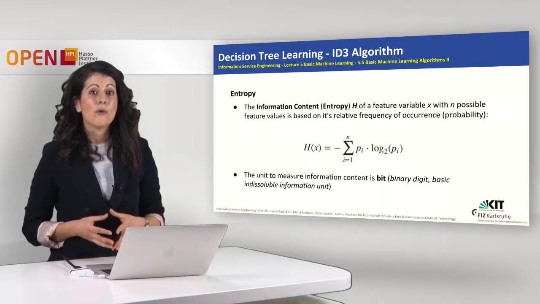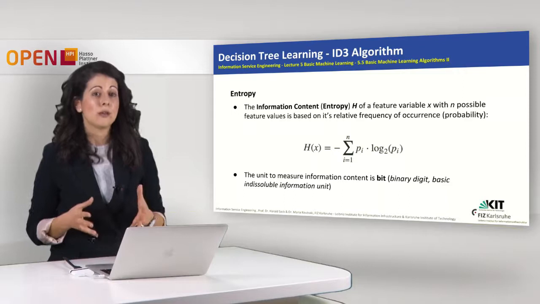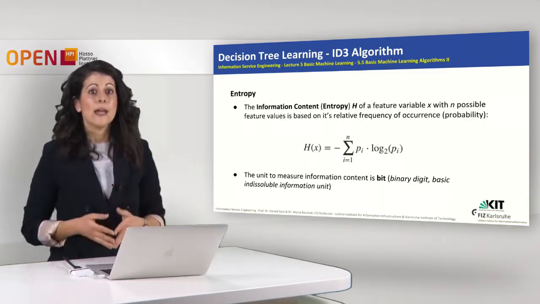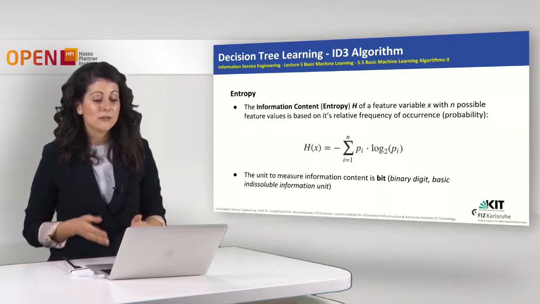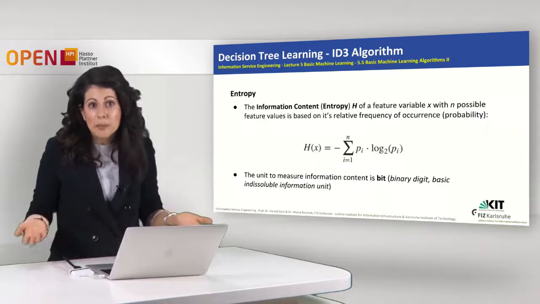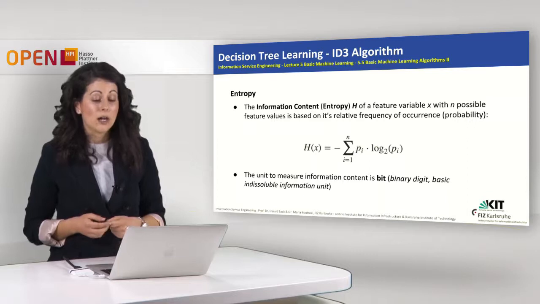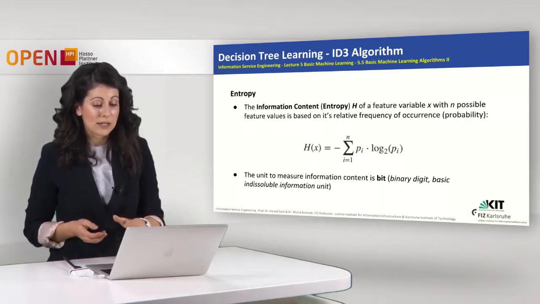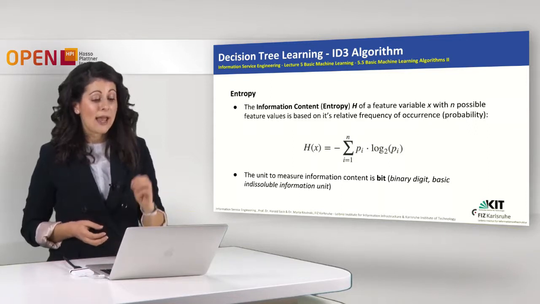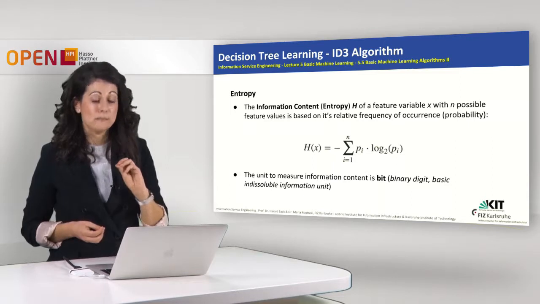So entropy of a feature variable x with n possible feature values, here in this example we have 2 feature values, true and false, is based on its relative frequency of occurrence, which is nothing more than the probability of this event, and is given by the following formula that you see. It's really simple, this formula. We just have to measure the probability, and the unit to measure the information content here is the bit.